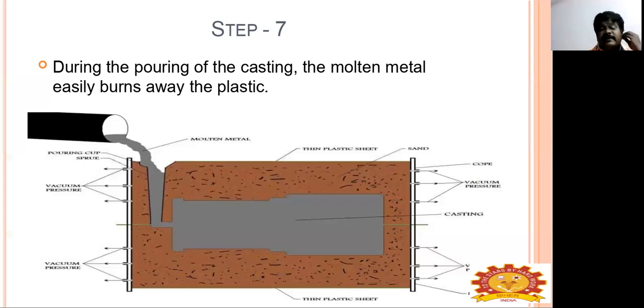For the special pattern used in the vacuum mold casting process, we can use the match plate or the cope and drag pattern, where tiny holes enable vacuum suction also. A thin plastic sheet is placed over the casting pattern and the vacuum pressure is turned on.